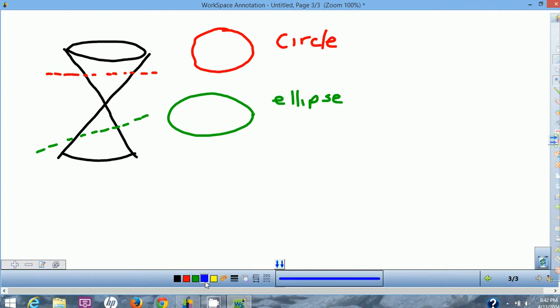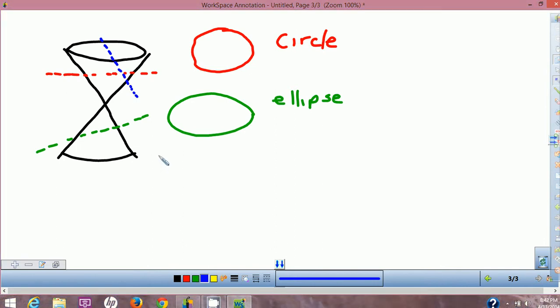Instead of going just slightly at an angle, I could cut through here parallel to one of my lines. What shape do I have here when I take this plane and totally chop this section off?